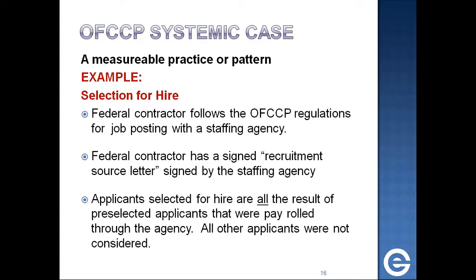But then the applicants selected for hire are all the result of pre-selected applicants that were payrolled through the agency. All the other applicants were not considered. So this happens often when friends or relatives are payrolled through an agency and the agency is still doing the outreach. If you payroll somebody through an agency, they have to be the most qualified in that group of applicants. So you cannot ignore that other group of applicants.